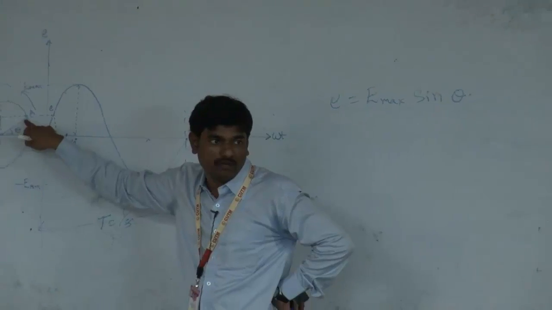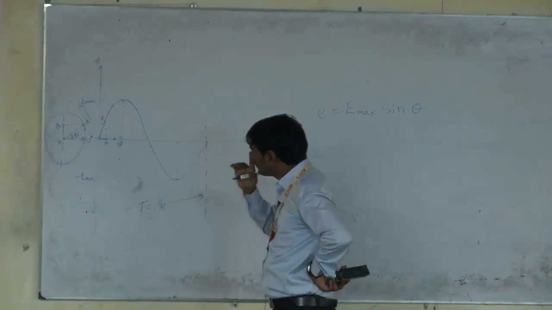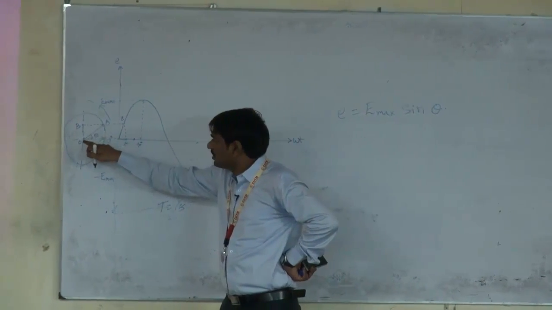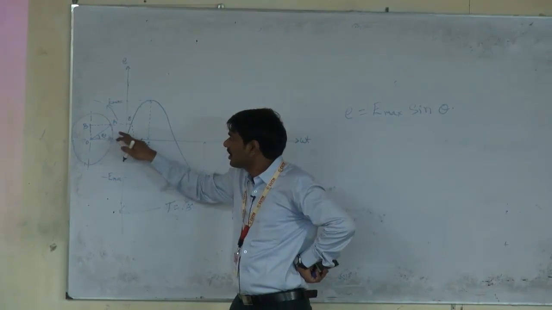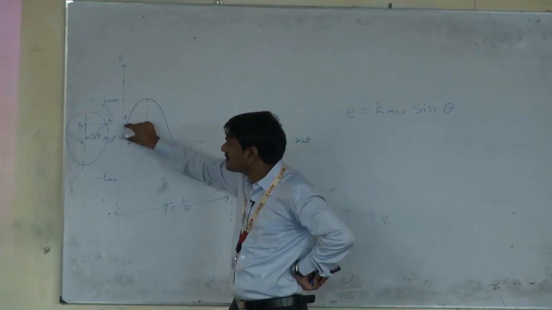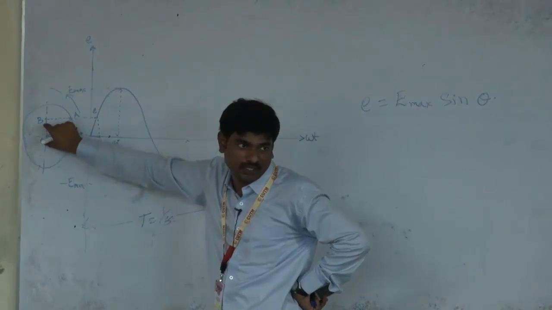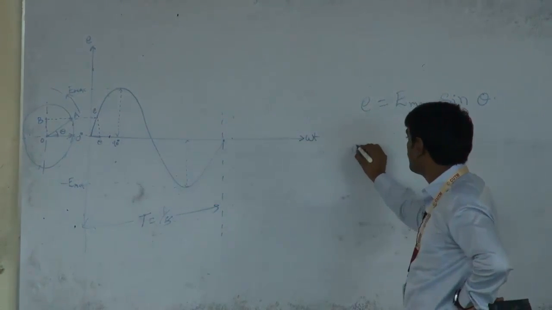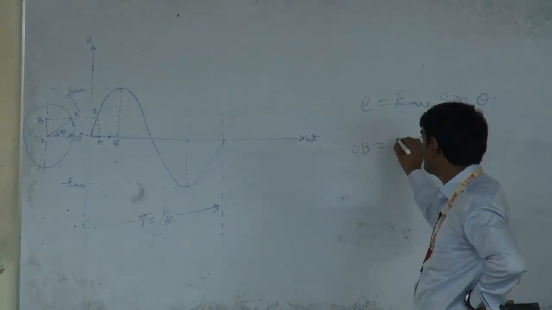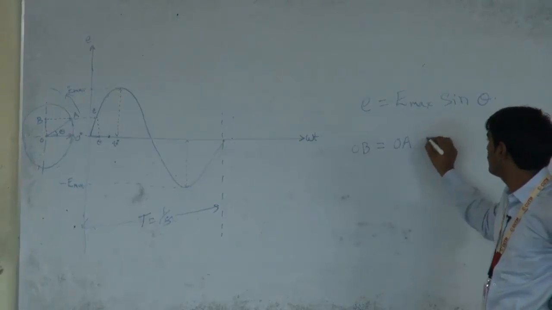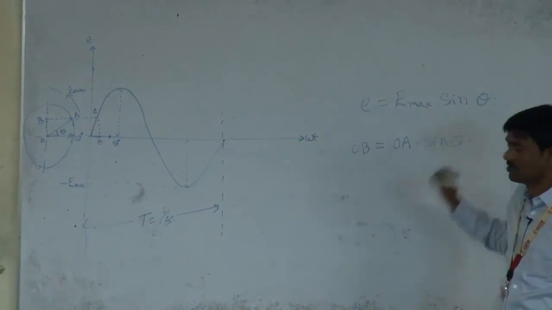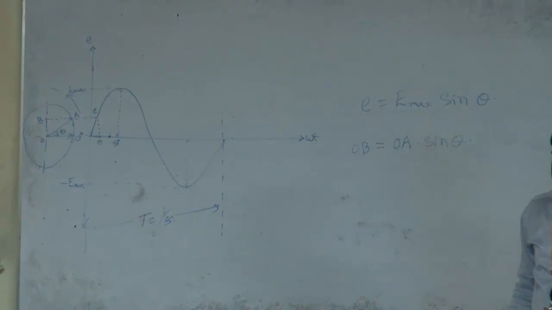When the phasor makes an angle theta with the x-axis, the magnitude of the instantaneous value E is nothing but OB. Now OB is equal to OA, which is E max, into sin theta. OB is equal to OA into sin theta.